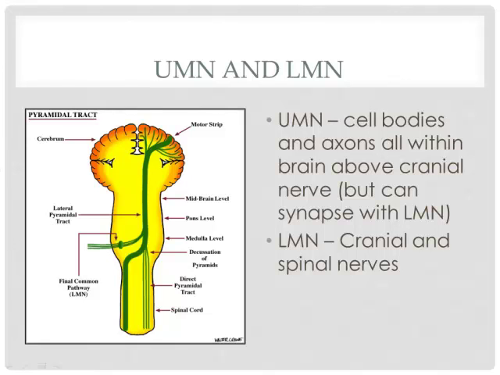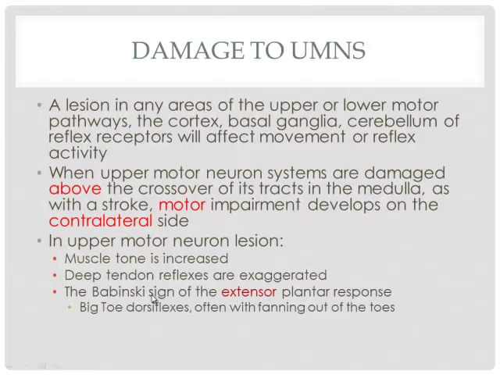Okay, so what this means is that there can be instances where people might have lesions in the upper motor pathways, the lower motor pathways, anywhere in between, or all the above.